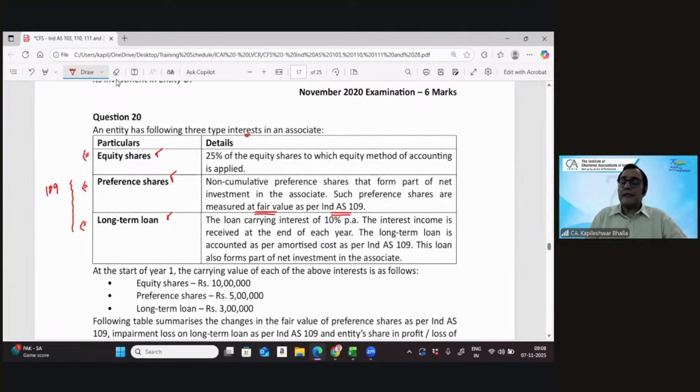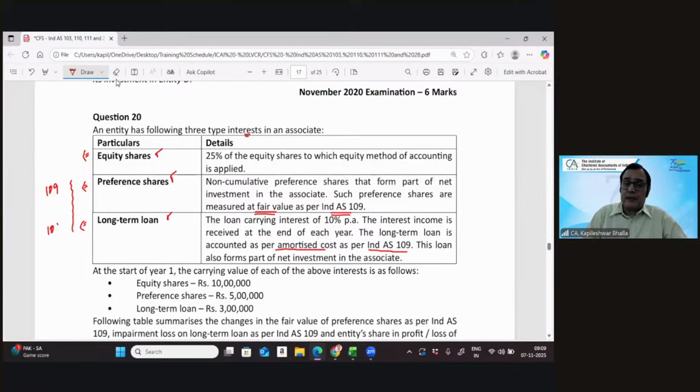Then he says the loan is carrying interest at 10%. The interest is received at the end of each year and it is accounted at amortized cost as per Ind AS 109. And this also forms part of the net investment in the associate.